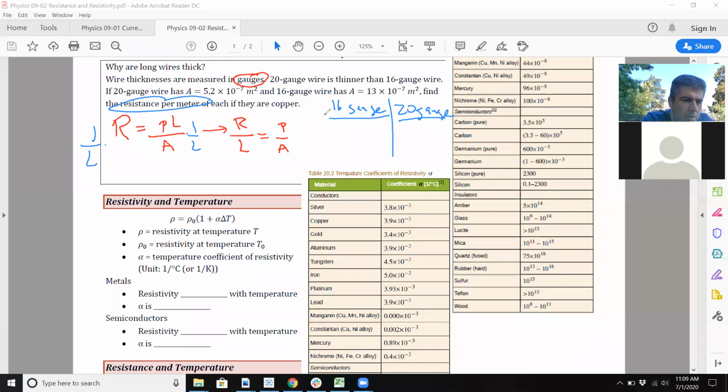So again, 1.7 times 10 to the -8, divided by the area of a 16 gauge wire, which is 13. And for the other one, you can use the same resistivity, divided by its area, which is smaller.